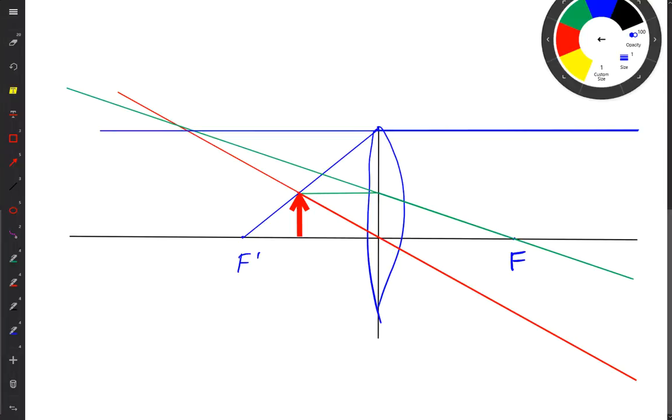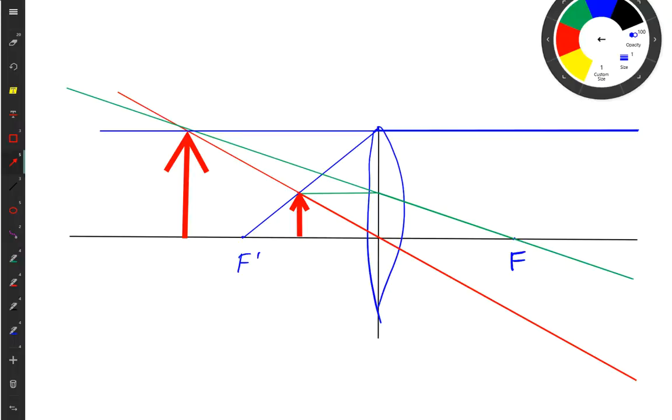Do they all meet perfectly? It's not perfect. You know why? I'm not perfect, which we've already seen. We can also see that I drew that in the wrong place. That's close enough for me. So there's my image. When you're drawing this, you've got to do the best you can.